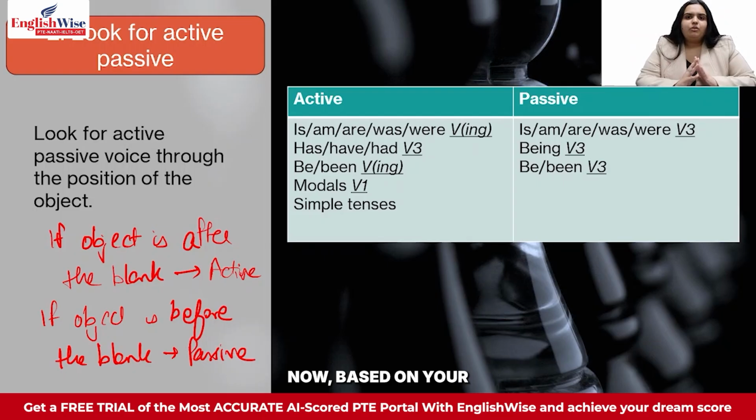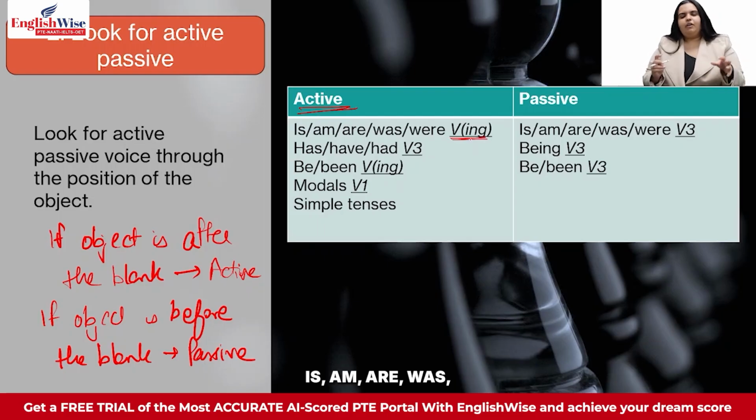Now, based on your active passive voice, you will be putting the structure of your verb. In active passive voice, these are the structures that we follow. For active voice: is, am, are, was, were plus VING. So you will have is, am, are, was, were based on your tenses, and then you will always have the ing form of the verb, or a gerund. So he is considering to apply for the scholarship, like that.